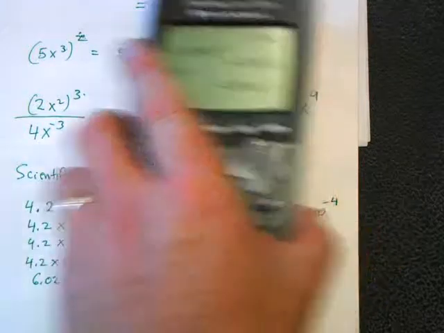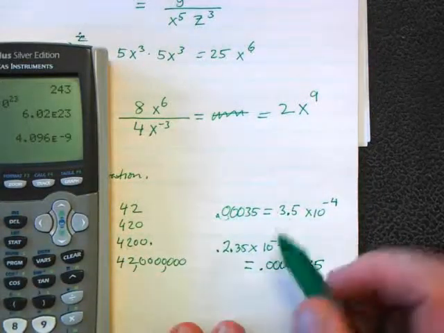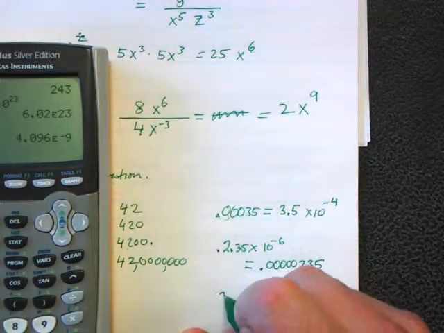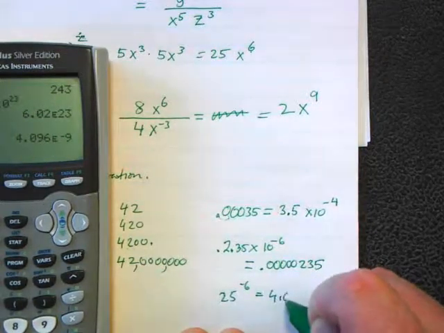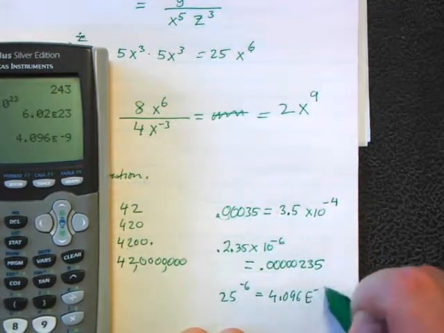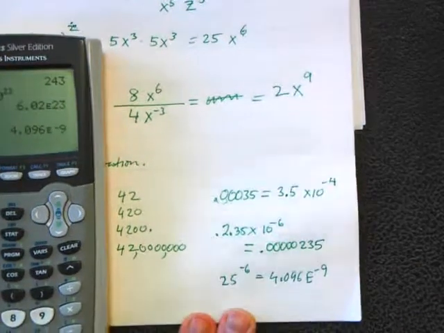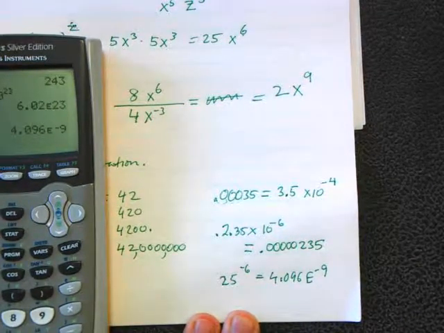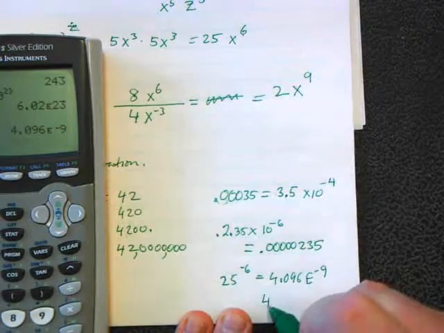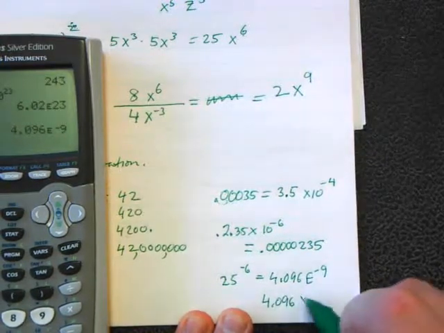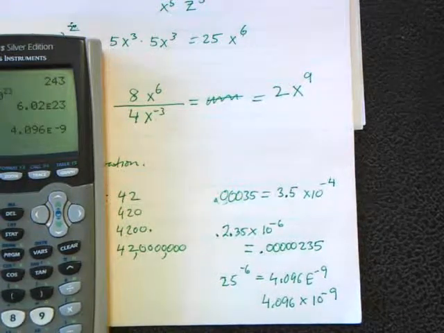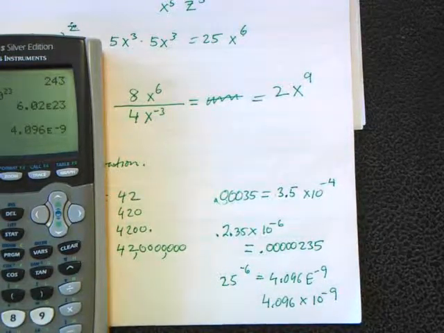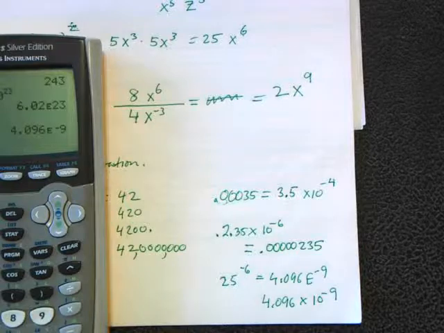And if you're using your calculator and you go to do MyMathLab, if you write 25 to the -6 is 4.096 E -9, MyLab unfortunately will mark that wrong. You need to write it as 4.096 times 10 to the -9, or it will mark it wrong. It doesn't understand the calculator's notation. Questions on that?